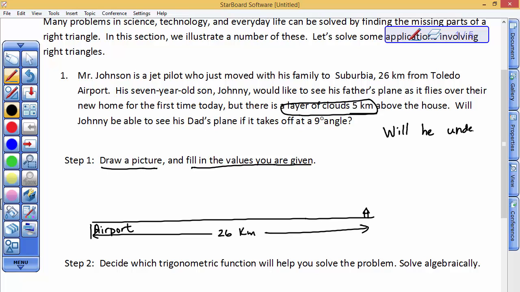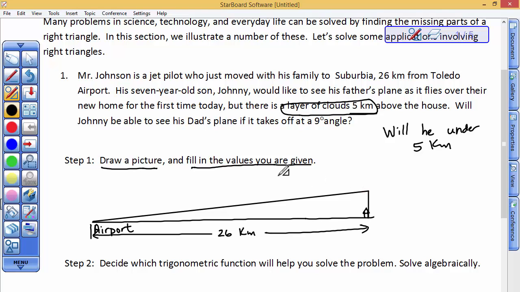Because then, if the plane is under 5 kilometers, Johnny will be able to see his dad's plane. All right, the unusual thing about this is the plane takes off, and I know it's not really the way it works, but let's just assume that the plane goes off at a 9-degree angle the whole way until it's over top of the home. Now Johnny's looking directly up, so this is supposed to be a right angle right here.